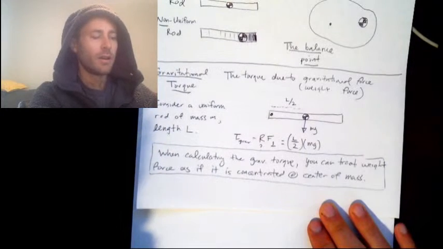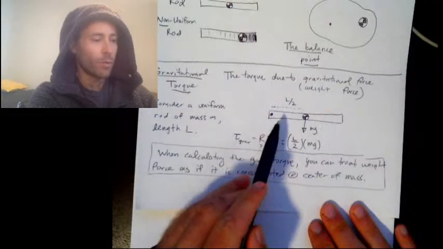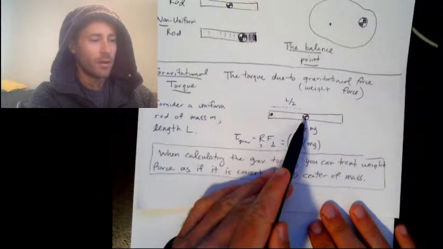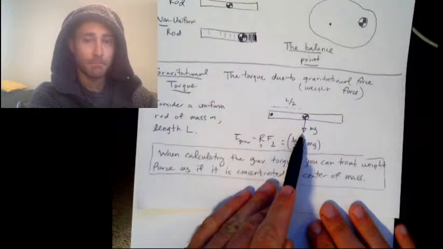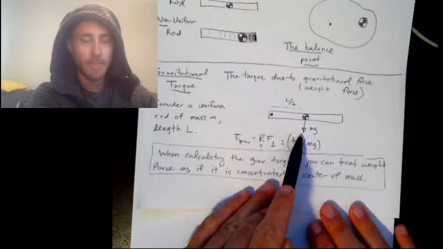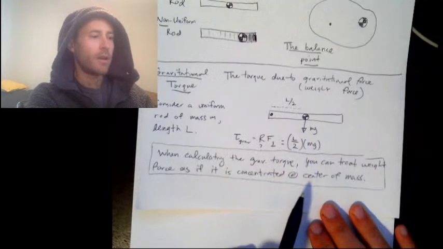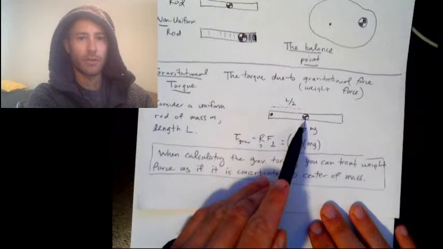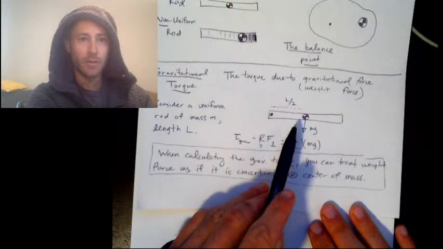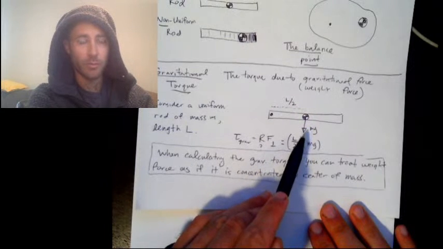All right. Notice that because this rod is horizontal, the weight force is perpendicular. And so we don't have to do any trigonometry to get the component of the weight force that is perpendicular to the rod.